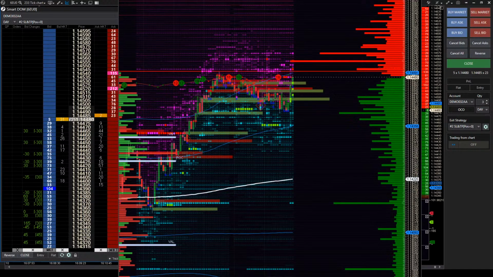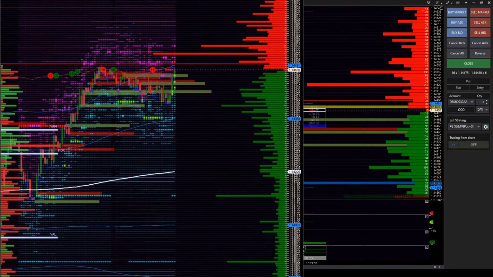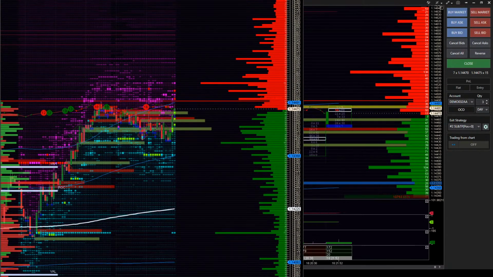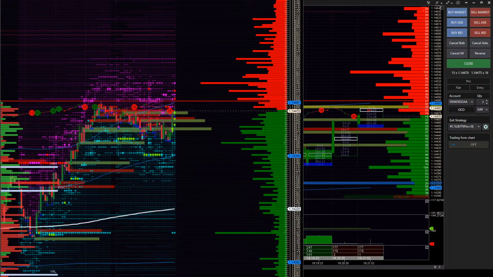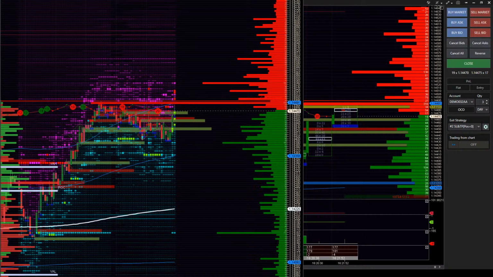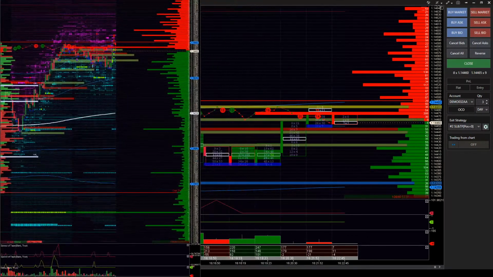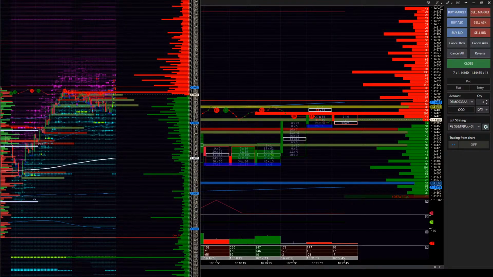Let me just move it to a side so we can see both order flow, the footprint chart, and the candlesticks. Let me just put it smaller here. Okay, you can see it now.